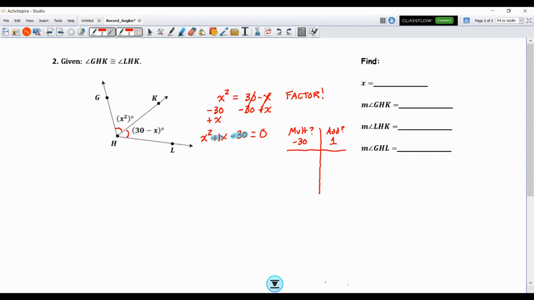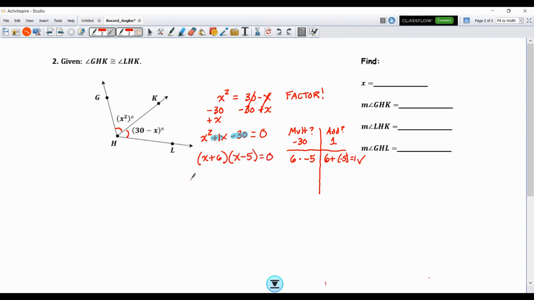Turns out 5 and 6 can add to give us a 1. We have to get a negative 30 though, so we have to be careful here, and we have to make sure we multiply a positive 6 times a negative 5 to give us negative 30. And positive 6 plus a negative 5 will give us 1. So our factors will be x plus 6 and x minus 5.